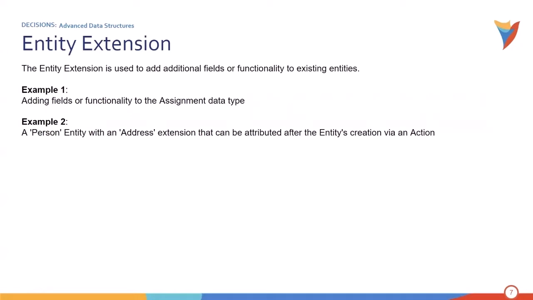It exists on its own, but it's a new type with additional fields. However, it is linked to the original entity through the database. So the entity extension is considered to be part of the original entity because of that linkage, and so it will not have its own configuration folder.